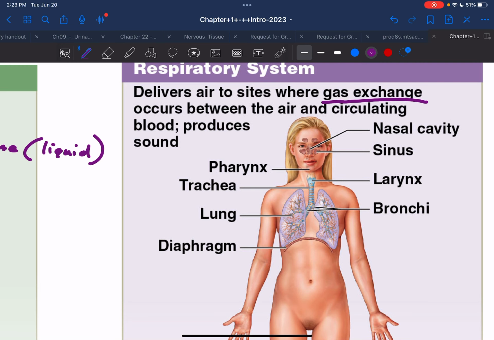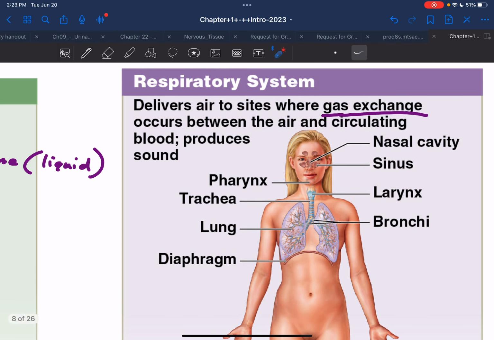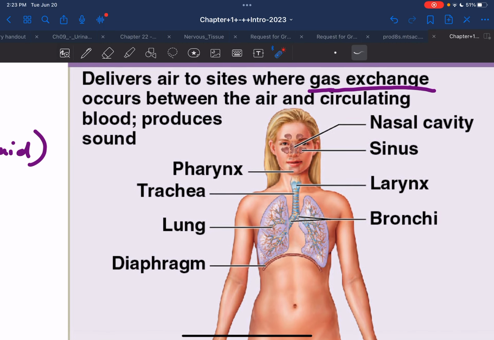The respiratory system, however, does not just include the lungs. I know that we're all familiar with the lungs, and they might be the star of the show, but we consider all these structures that conduct air into the lungs part of the respiratory system as well. It has a major role in conditioning air.